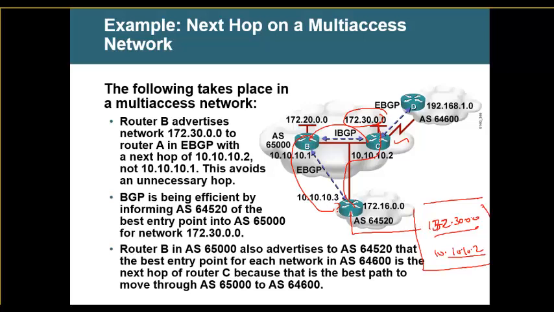See the second paragraph. BGP is being efficient by informing. See, a nice English put there. BGP is being efficient, means BGP is clever by informing 64520, which is router A, of the best entry point to 65000 for 172.30.0.0 as 10.10.10.2, not 10.10.10.1.